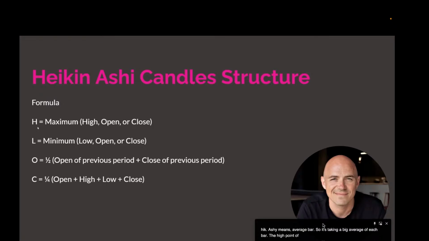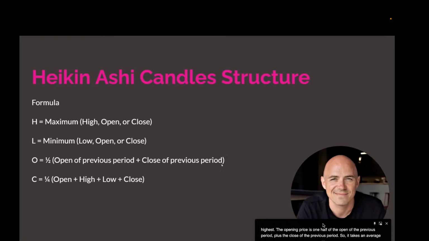The high point of every single candle is the maximum of either the high, the open, or the closing price. The low is the minimum of the low, open, or closing price, whichever is the lowest or the highest. The opening price is one half of the open of the previous period plus the close of the previous period.